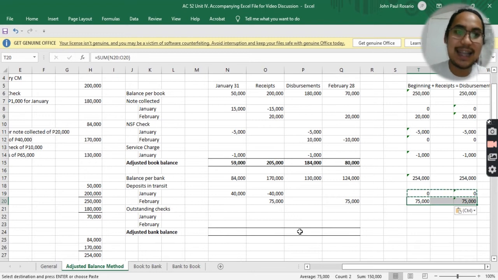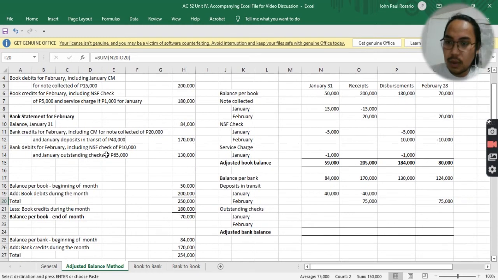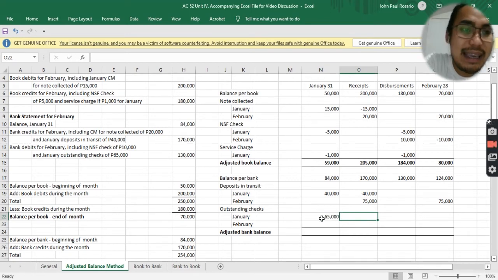Now, outstanding check. So, outstanding check sa January, so malamang outstanding check man siya, one date na reconciliation, minus. So, our outstanding check for January amounted to 65,000. So, minus 65,000. Okay. Now, unsay ang impact ani pag-abot sa imuhang bank statement?